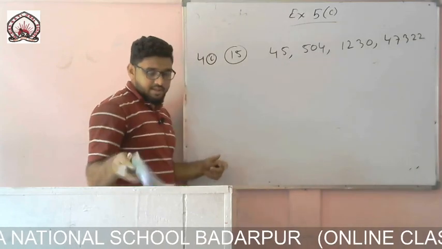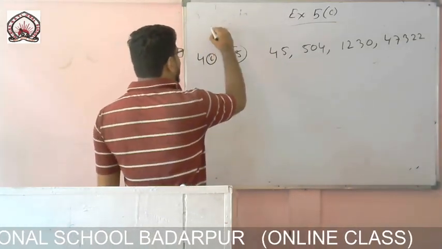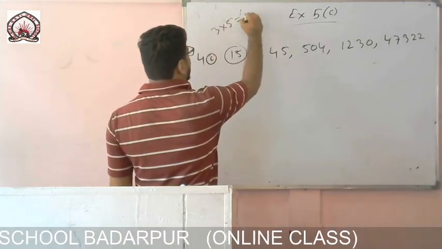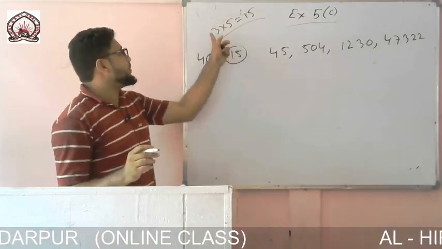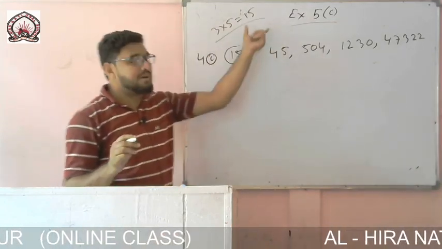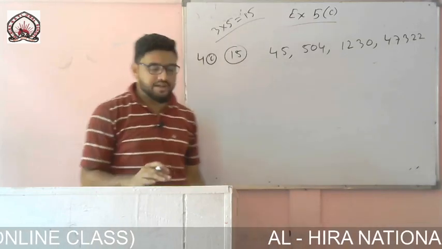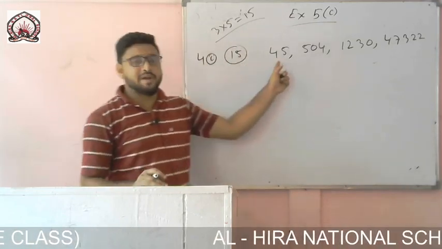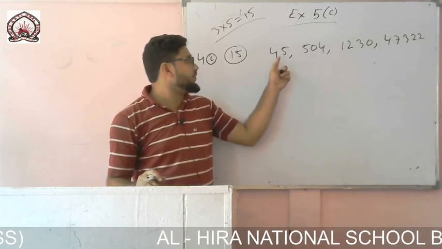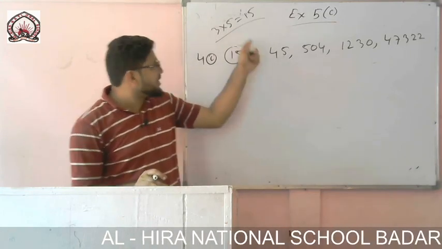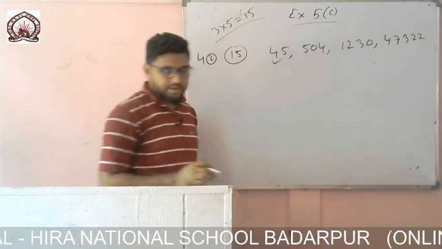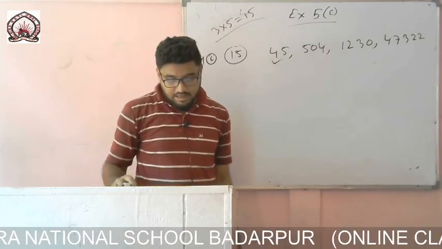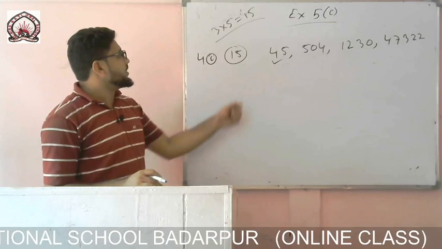So how to check? In 15, you can write 3 into 5. It is 15. So if the number is divisible by both 3 and 5, then the whole number is divisible by 15. So check. 45 is divisible by 3 and also 5. So this 45 is divisible by 15. Okay. Now come to 504.